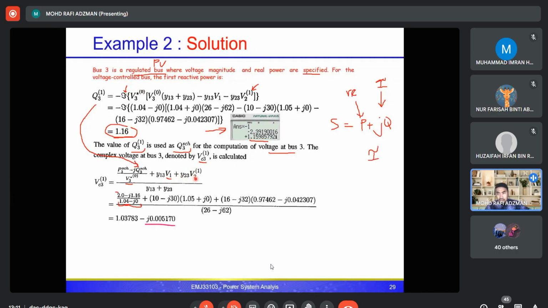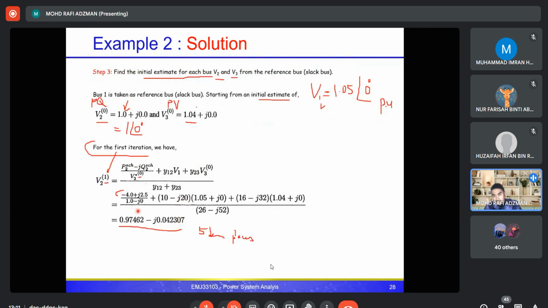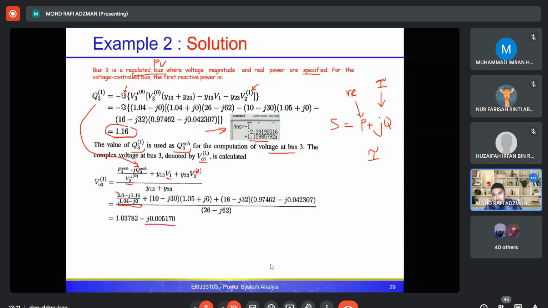Okay, V2 first iteration, the one that you already got here, put it into this term. Then all this you have to divide by your diagonal element, which is Y13 plus Y23. So you have got all the parameters, put them in and do the calculations.